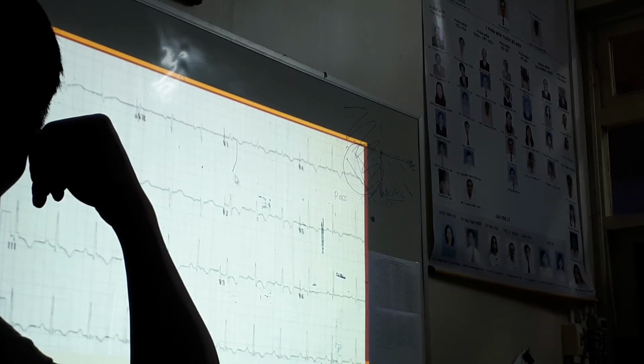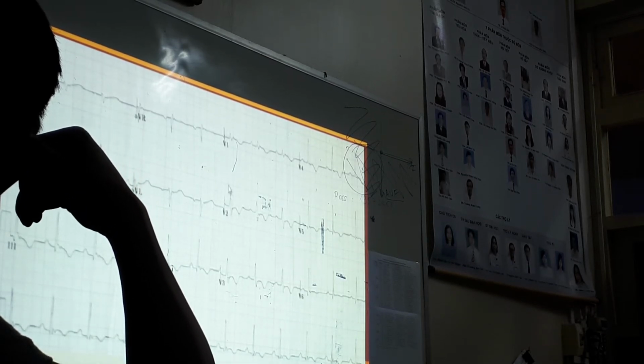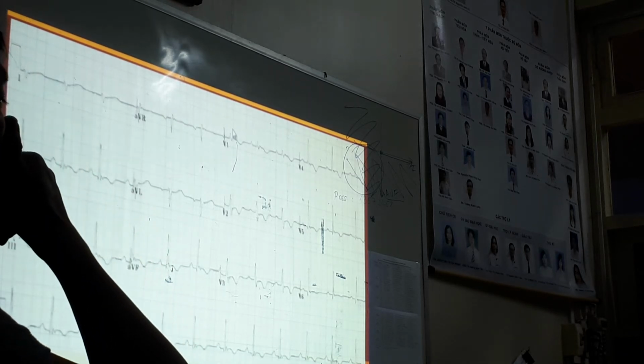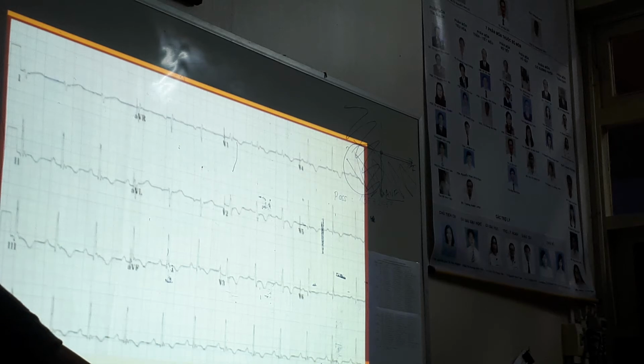Okay, little notch here. So for all of these special things, you look for syncope and EKG, look at V1. V1 is the special lead you need to look at for syncope EKG, especially in young patients.